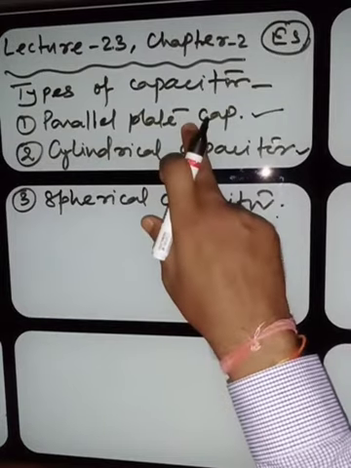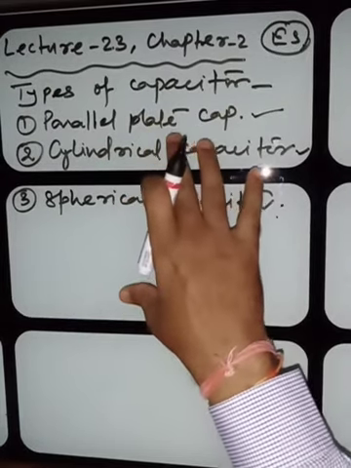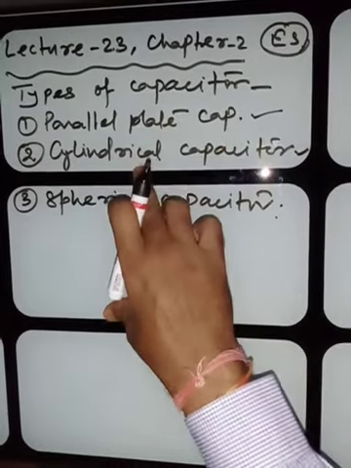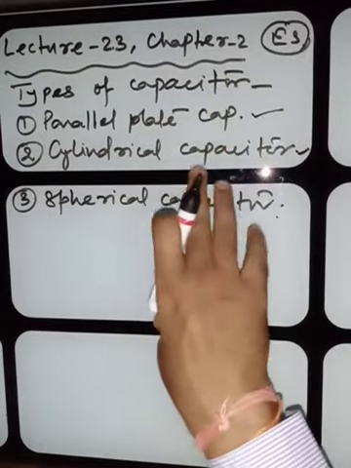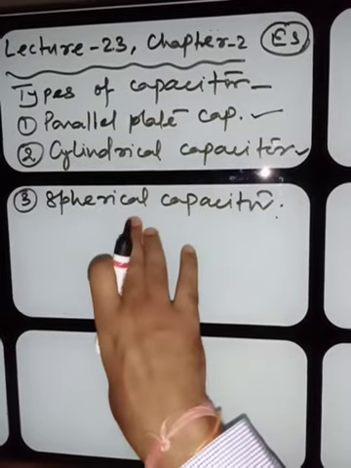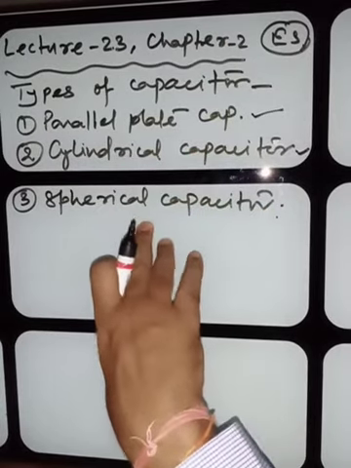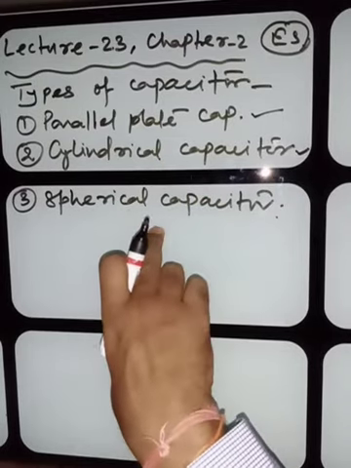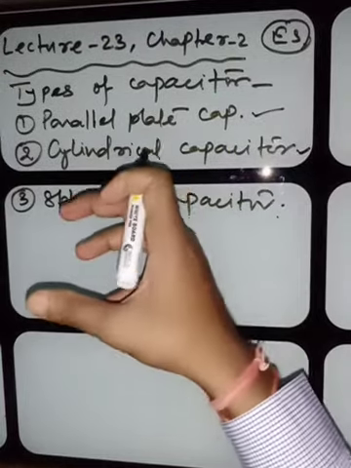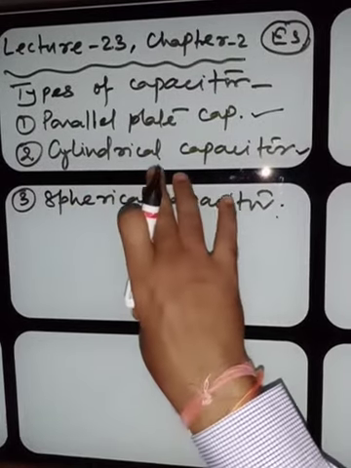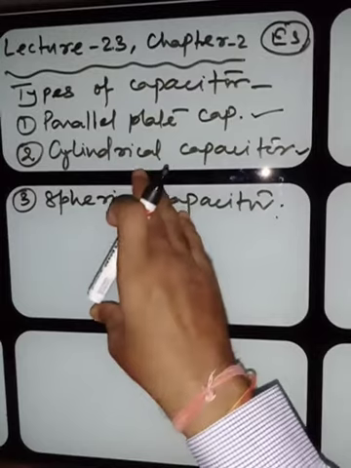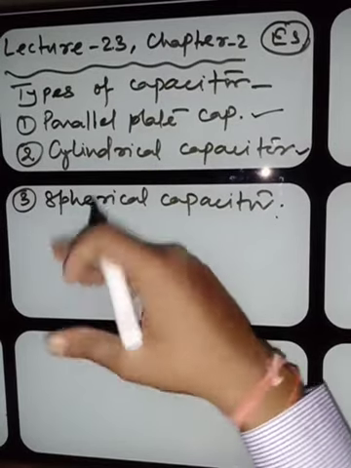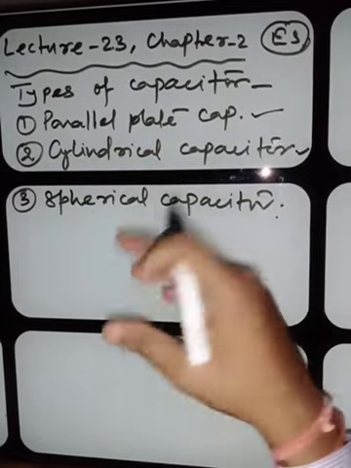The parallel plate capacitor is very famous, and you will have to solve a number of questions on this one. For cylindrical and spherical capacitor, there's only one question from each in your NCERT. And these are not very famous. I think the capacitance of cylindrical or spherical capacitor has not been asked to derive in board examination.